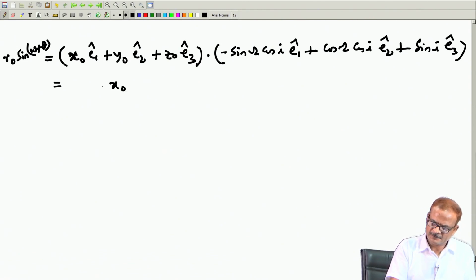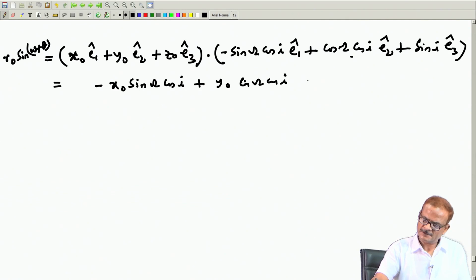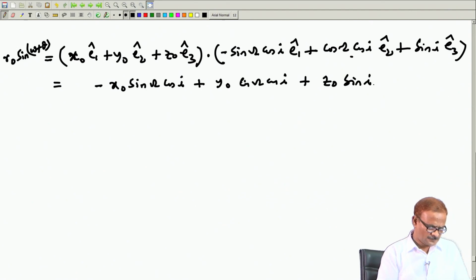It is easy to work out: minus x 0 sin capital omega cos I plus y 0 cos capital omega cos I plus z 0 sin I.